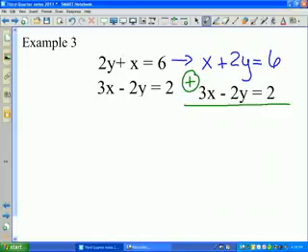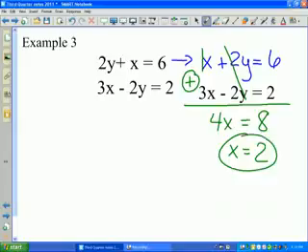And I put a little addition symbol and circle it just to remind myself that I'm adding the top equation with the bottom equation. So now I have x plus 3x. That's going to give me 4x. The reason why, there's a 1 to be assumed in front of that x. My y's are going to be eliminated. And now I have 6 plus 2, which gives me 8. So if 4x equals 8, that means x equals 2.